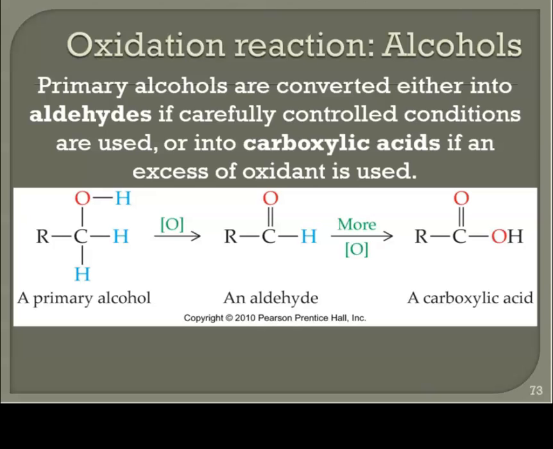Primary alcohols can be converted into aldehydes if there are carefully controlled conditions, or carboxylic acids if excess oxidant is used. The alcohol has one carbon-oxygen bond in the primary alcohol, which is slightly oxidized to an aldehyde, where this is a carbon on the end. It has two carbon-oxygen bonds, and then in the carboxylic acid, we have 1, 2, but then we've added a third here.